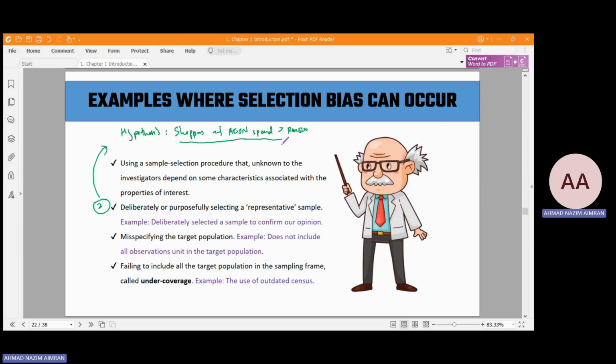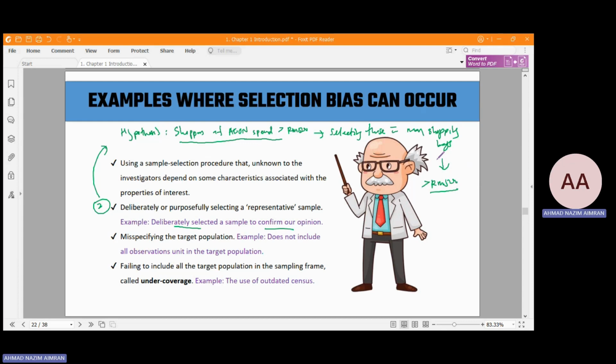And what he or she will do is deliberately select a sample to confirm their opinion, by selecting those with many shopping bags. So this will end up with respondents most of whom spend more than 500 ringgit, and the researchers neglect those who don't have shopping bags.